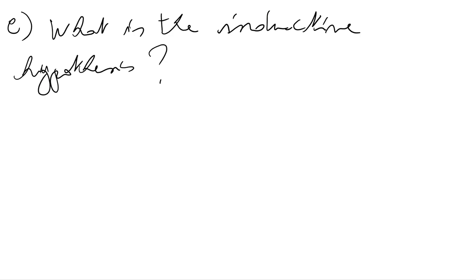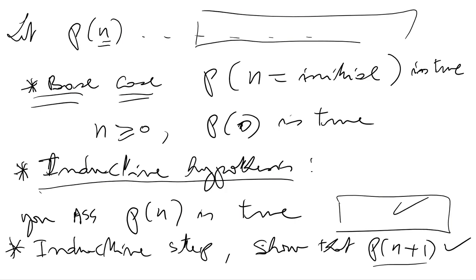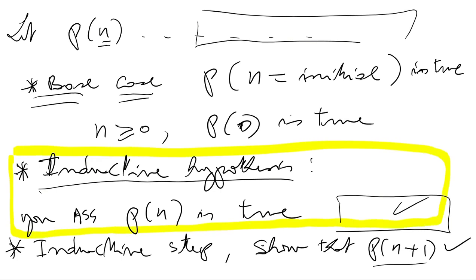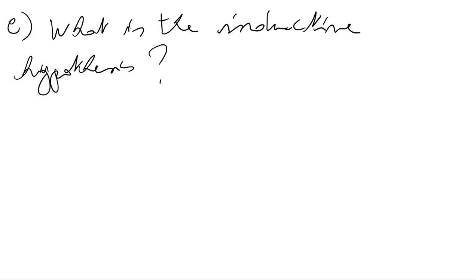So what we said here is the inductive hypothesis: we assume that p of n is true. So from the inductive hypothesis, you assume that p of n is true. So what's the inductive hypothesis?